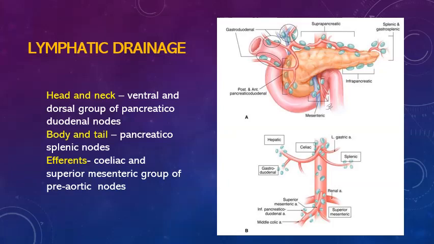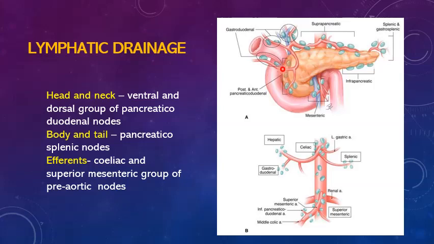Now coming to the lymphatic drainage. The lymphatic drainage from the head and the neck is to the ventral and dorsal groups of pancreaticoduodenal nodes. There will be the ventral group, and similarly on the posterior surface there will be dorsal pancreaticoduodenal nodes.